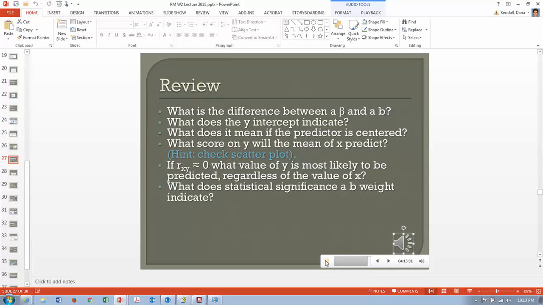If we go 1 unit over on our IV, we can be reasonably certain with a statistically significant B weight that the DV is going to move one way or the other. So we're going to move the dial on the DV as we increase 1 unit on the IV, then what's the DV going to do? It's either going to increase or decrease by some significant amount. And so that's what a significant slope indicates.